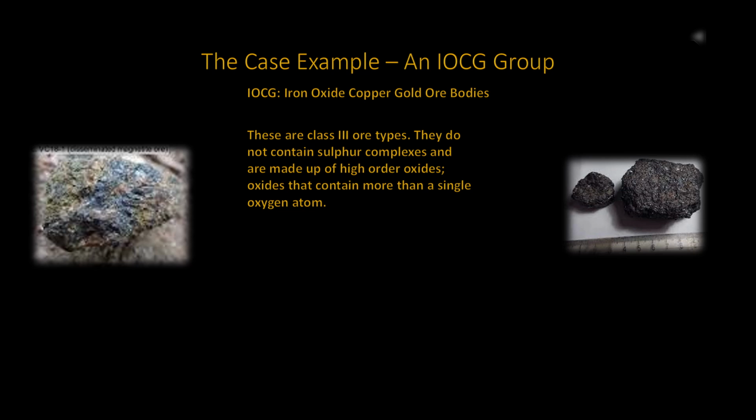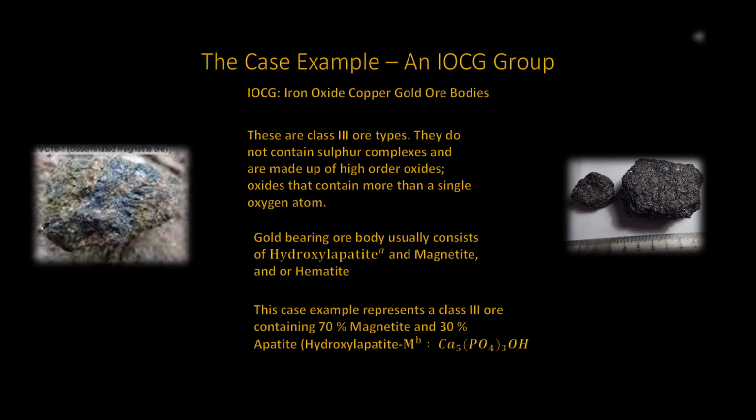That is to say that they contain more than a single oxygen atom, such as calcium oxide. These gold-bearing ores usually constitute a mix of magnetite and/or hematite and hydroxylapatite, or simply apatite for short. This case example represents a Class 3 ore containing 70% magnetite and 30% apatite.